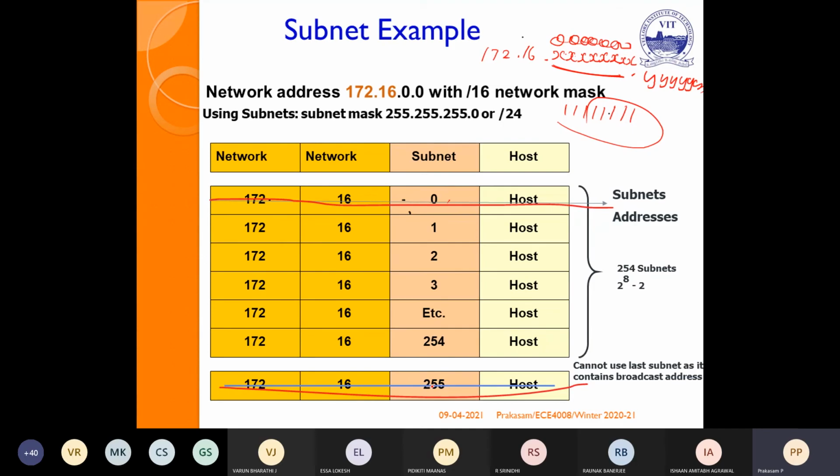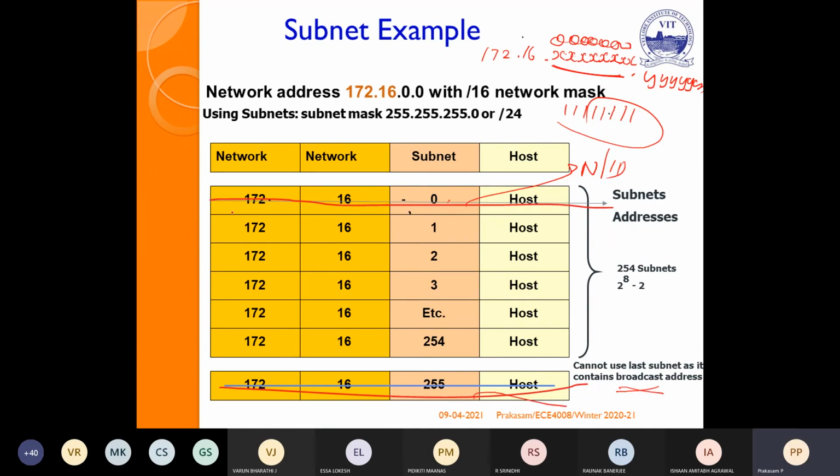Here it is clearly asked for the usable subnets and usable hosts. Always the first one is the network ID, which is used to identify the network, and the last one is the broadcast.